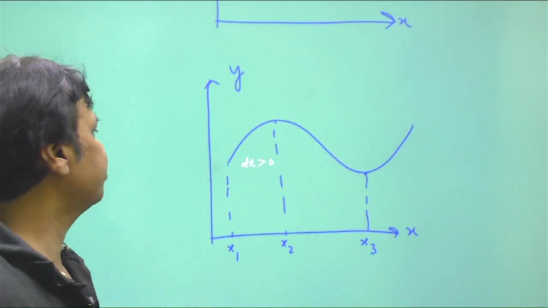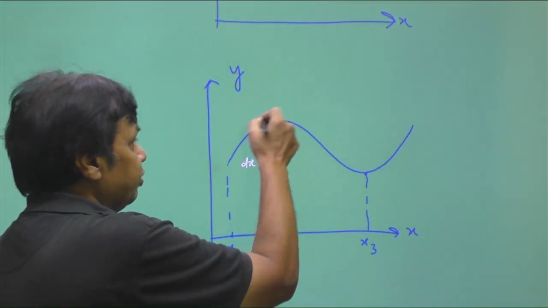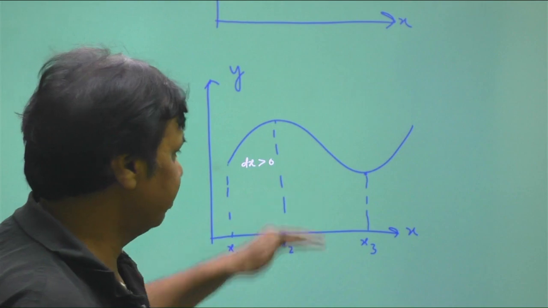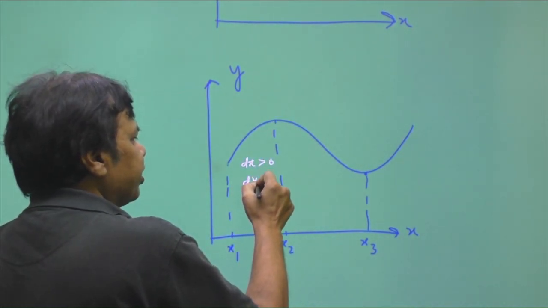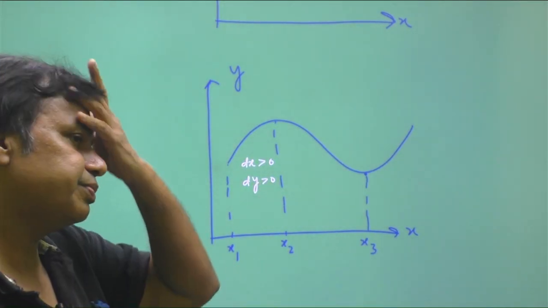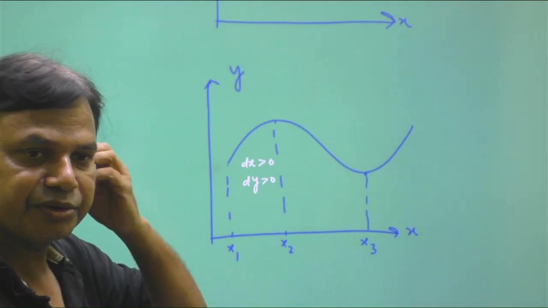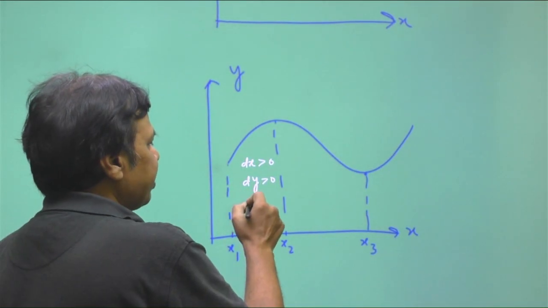So dx will be positive. And if we move over this curve, the height of the curve also increases continuously. So the change in y, dy, is also positive because y is always increasing. That means dy by dx is positive here.